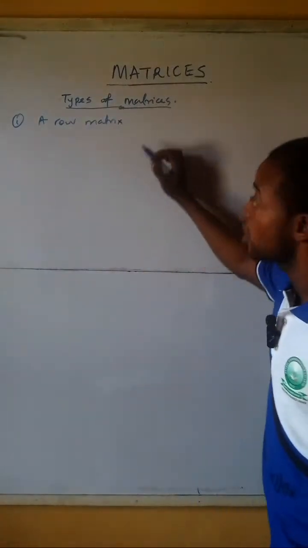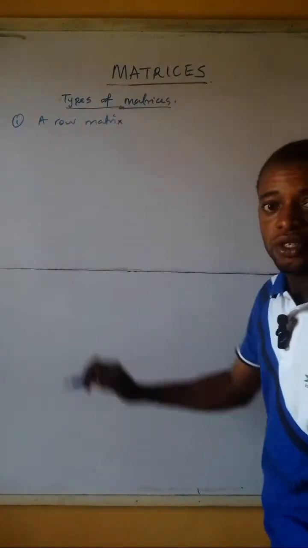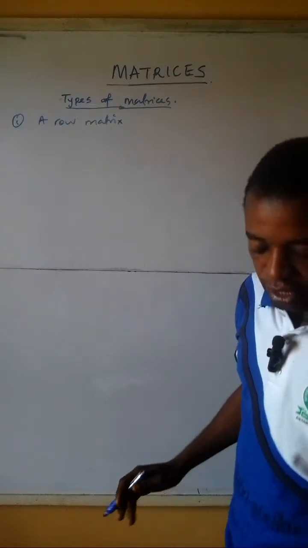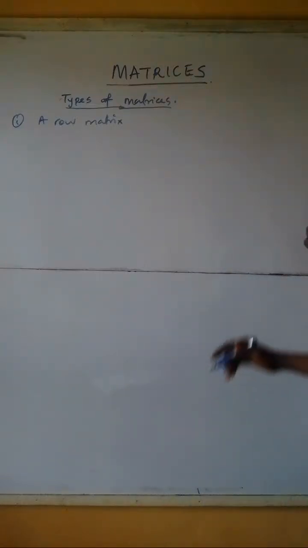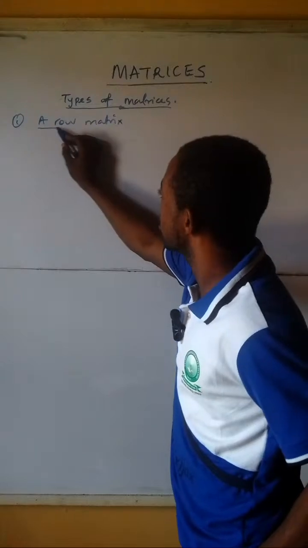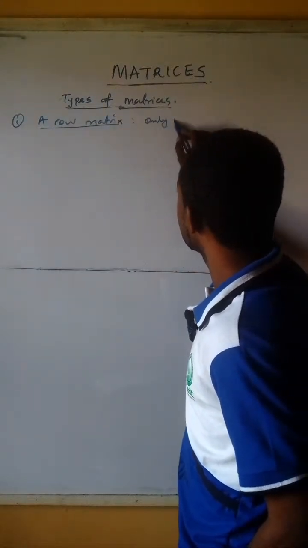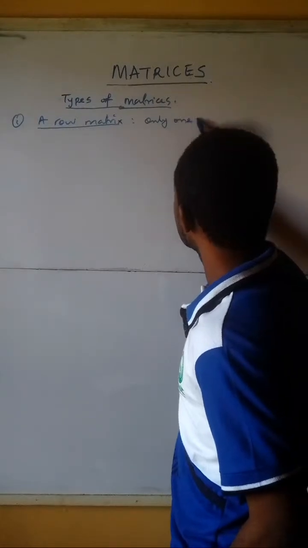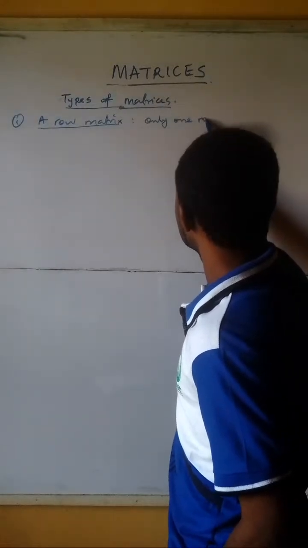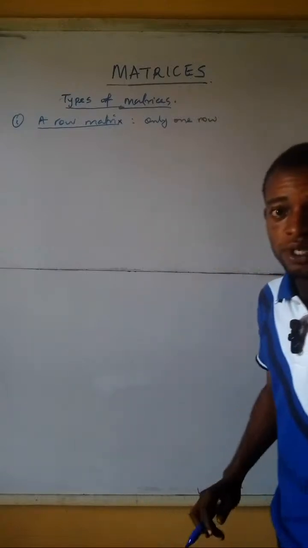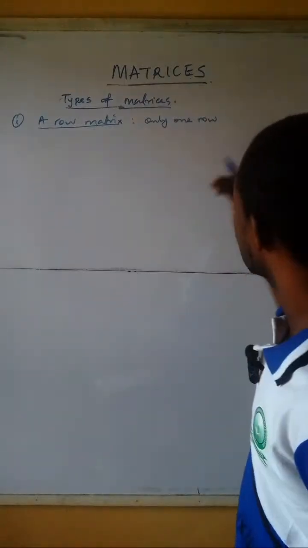A row matrix. Now, for a row matrix, just as the name implies, it has only one row. Though it might have several columns, it has just one row.